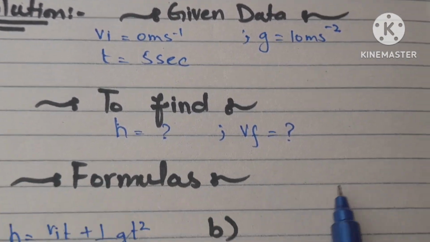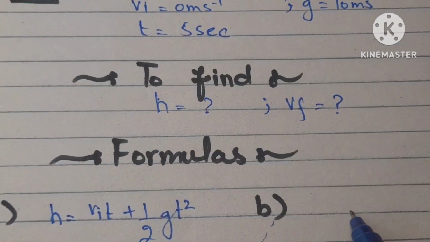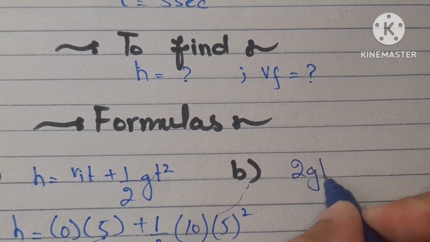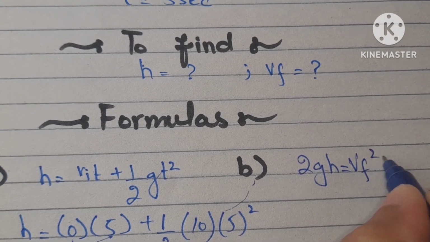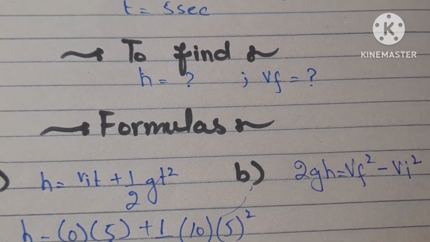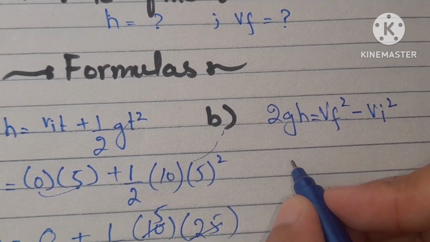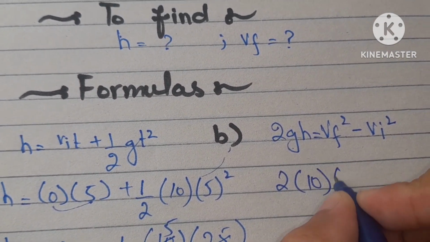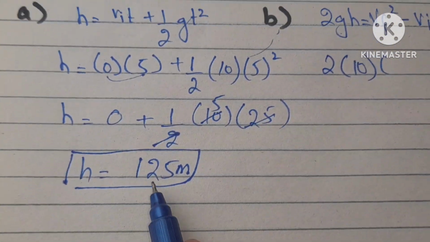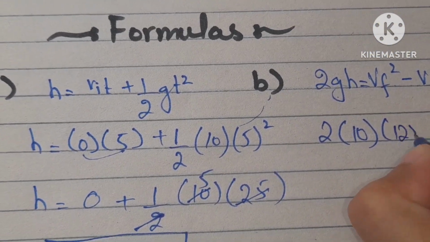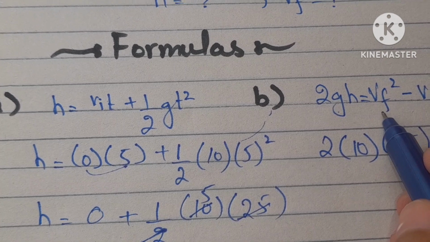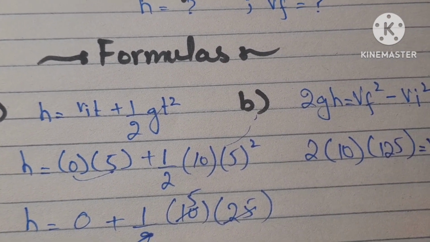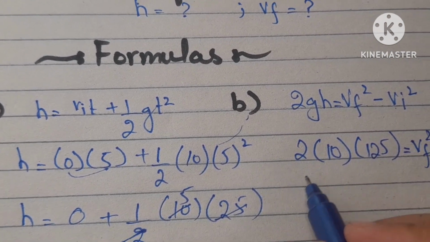Okay, now we can solve for the final velocity Vf, and we take the formula, the third equation of motion, 2gh is equal to Vf square minus Vi square. Okay, by putting the values we get 2g is equal to 10, and we found the height 125 meter. Vf we have to find, and Vi is equal to 0 square.